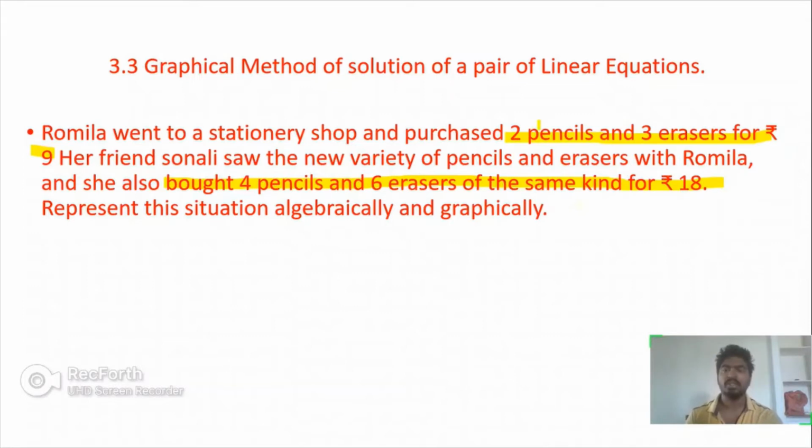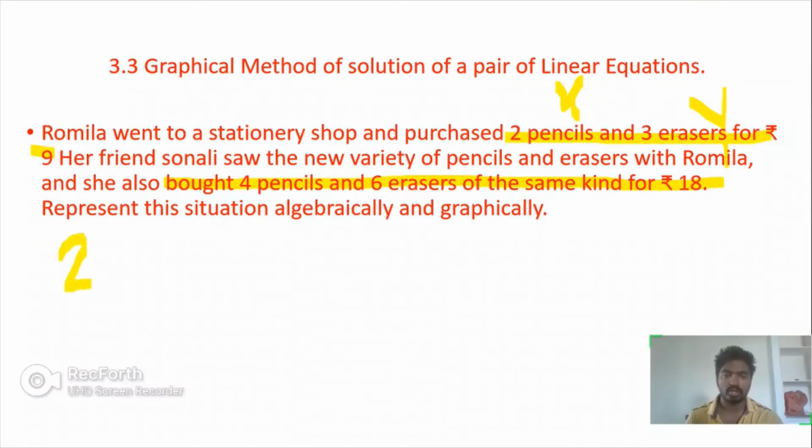Now I am framing these 2 equations by using these 2 conditions. Before that, let us consider the cost of 1 pencil to be x and the cost of 1 eraser to be y. Now, by using the first condition, 2 pencils plus 3 erasers she bought for ₹9.